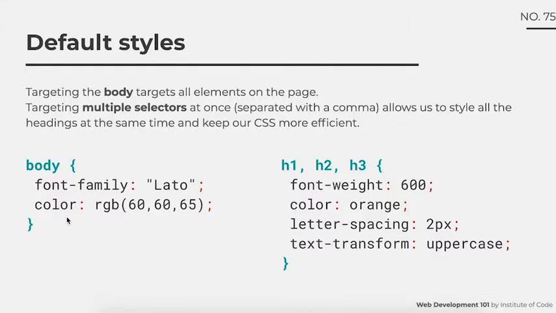The next selector, which you haven't seen yet, this is the first time, is our multiple selector. And what we're doing here is selecting the H1 elements and the H2 elements and the H3 elements. And we separate those with a comma in between, not at the end, just in between. And that will select all 3 and apply any styles in between these curly brackets to all 3 of them. And that's particularly useful for headings, as I've shown here.